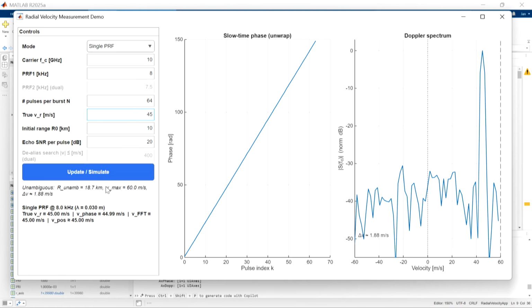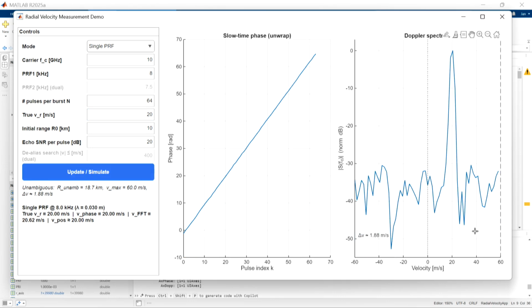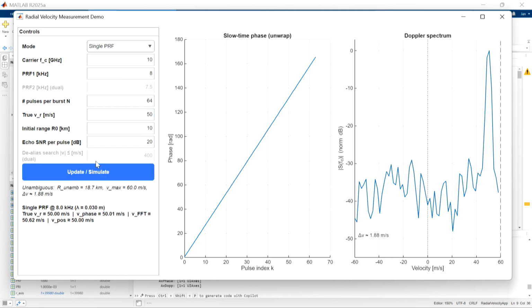Based on these parameters, the maximum recognized speed is 60 meters per second. If I put 20, for example, it shows me 20. If I put 50, it shows me 50. If I put 59, it shows me 59.